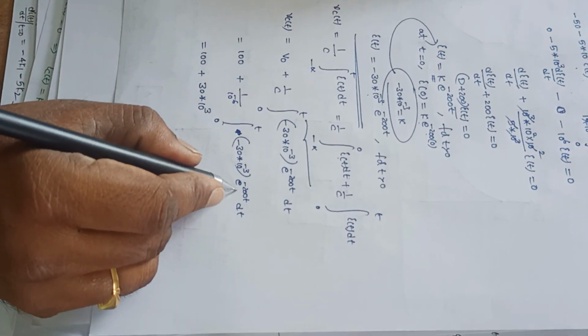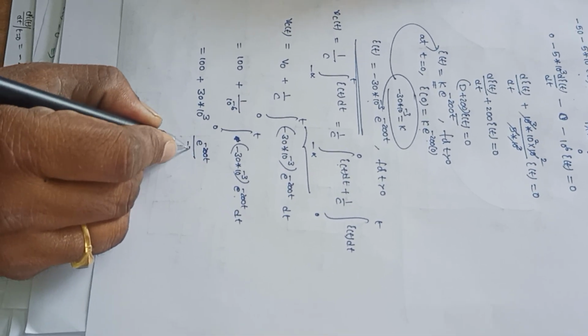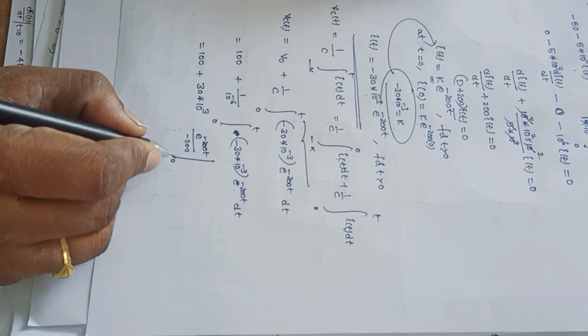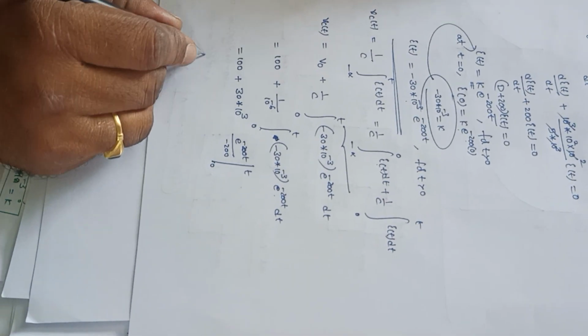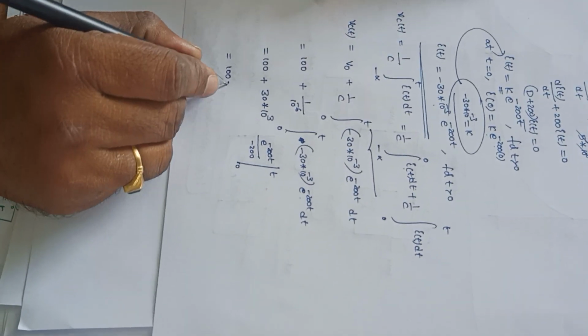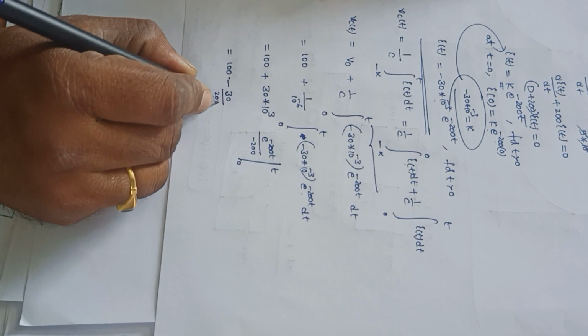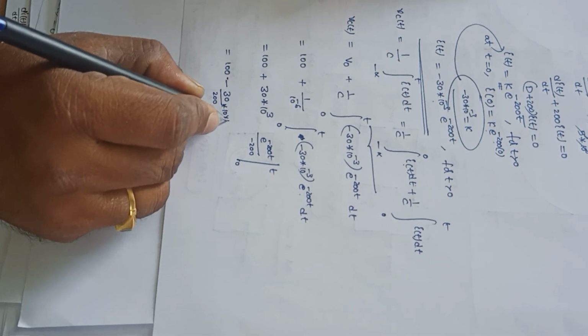If I integrate e power minus ax, it will become e power minus ax by a, and the limits are 0 to t. So it is 100 minus 30 by 200 into 10 into 10 square.